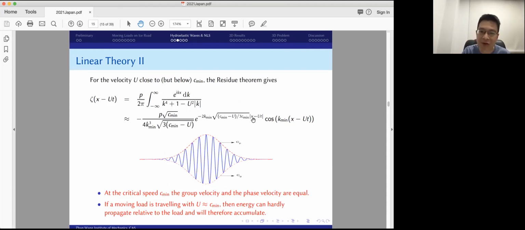And there is also an envelope. The envelope is an exponentially decaying envelope, and the envelope also moves with the speed u, but as a group velocity.